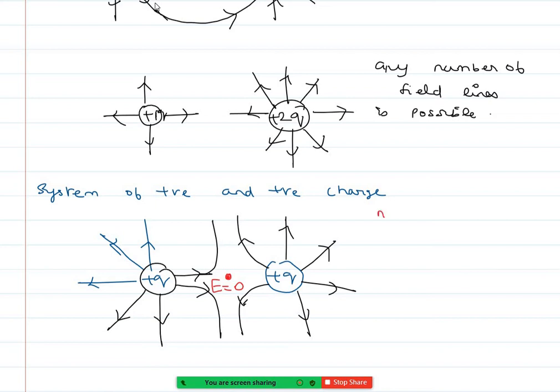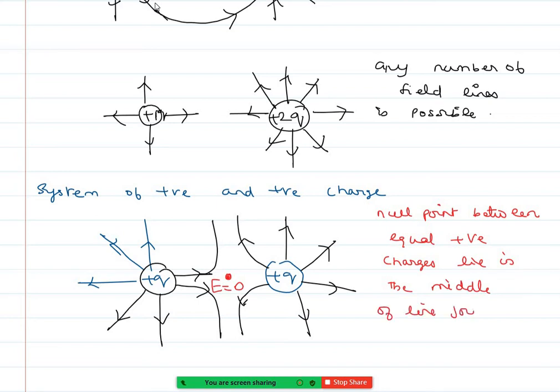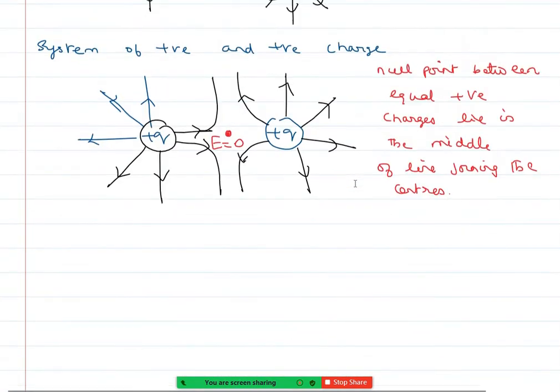So that's why we have learned that the null point between two equal positive charges lies in the middle of the line joining the centers. This we have learnt already, right? The reason is this. Is it clear or no? Everyone? Yes, ma'am. Okay.